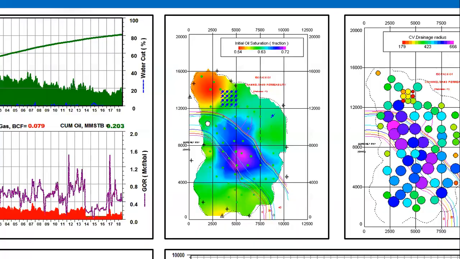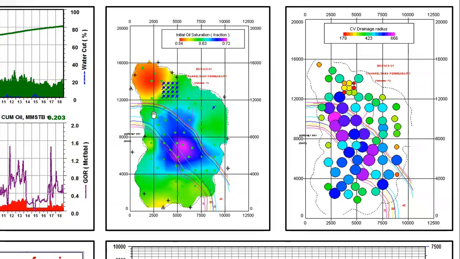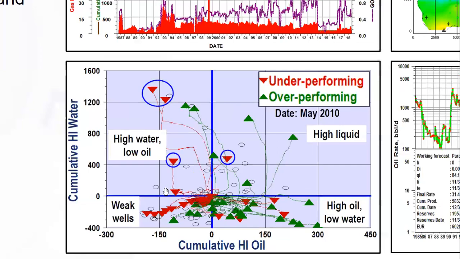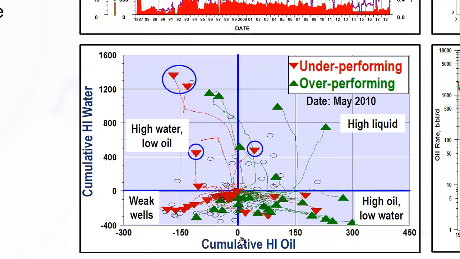Also, the analytical mapping for initial saturation, bubble mapping for the drainage radius for wells to identify the areas of unswept zone. Also, this heterogeneity index plot, like this, when we plot the heterogeneity index of oil against water to identify the over and underperforming wells.